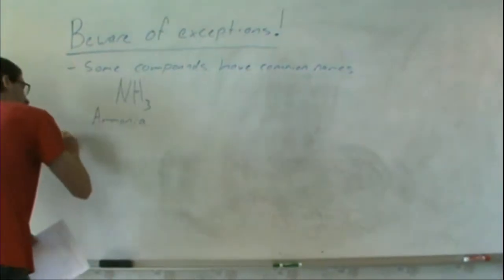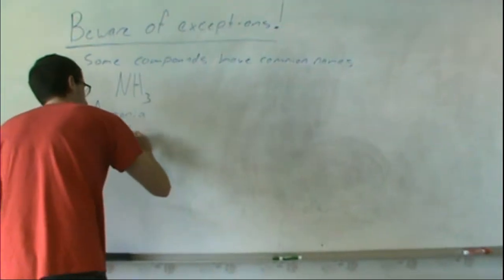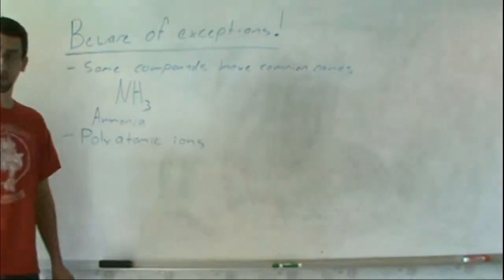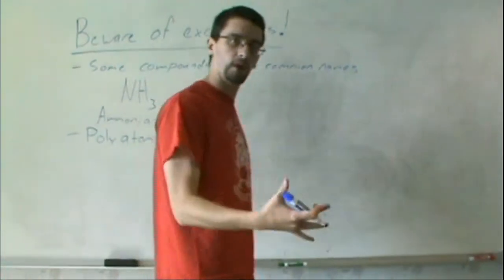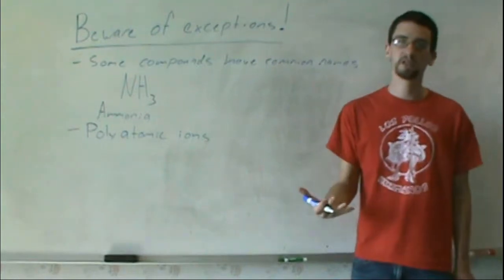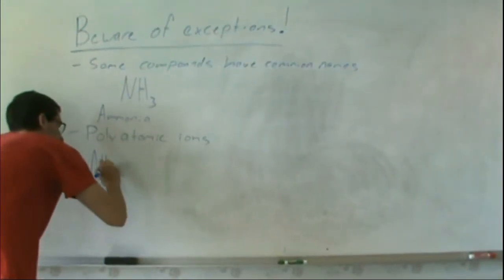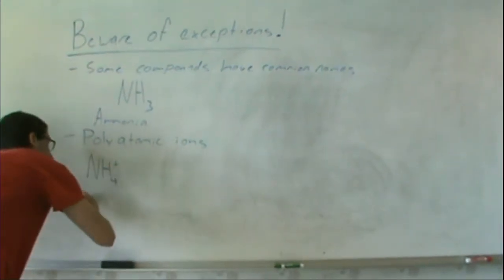And there are also polyatomic ions. These are ions that look covalent in nature, but they have an overall negative or positive charge on them. So for example, NH4 plus, this would be considered ammonium.